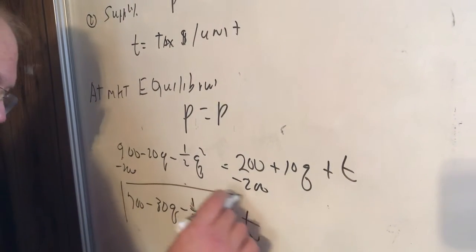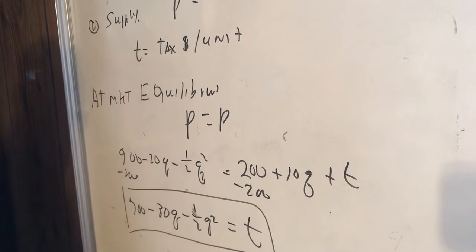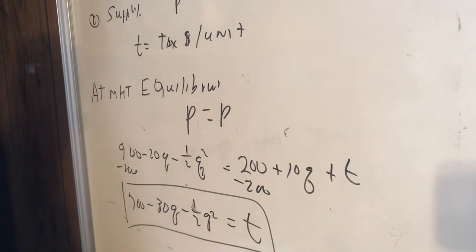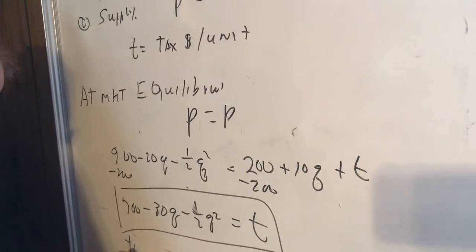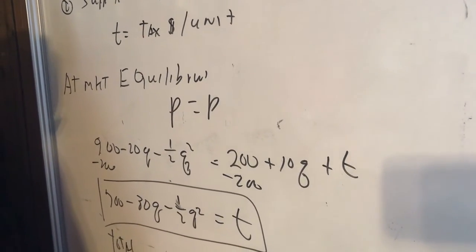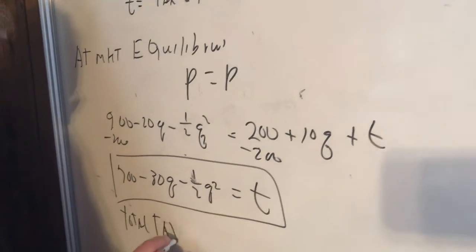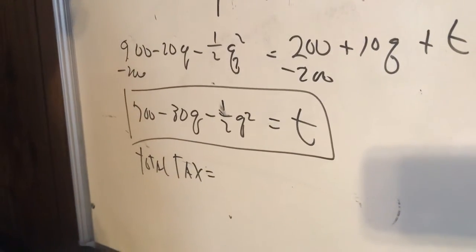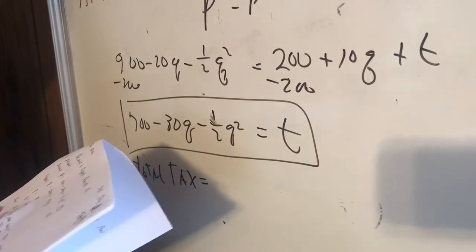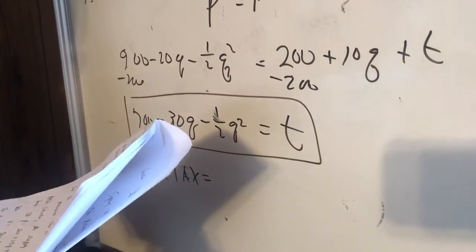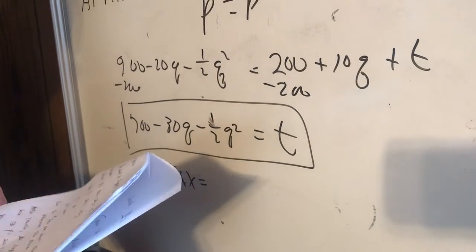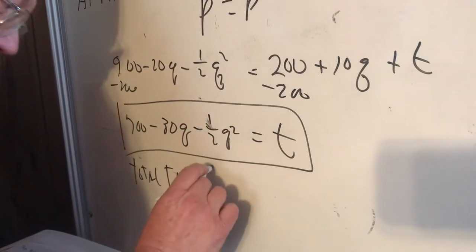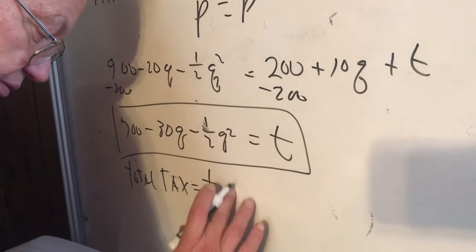So now you have your equation for your tax per unit. But what's your total tax? Well, remember we had total revenue. We had tax per unit. So what is your total tax? Well, it's your tax per unit times the number of units.